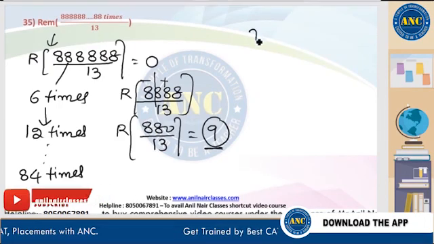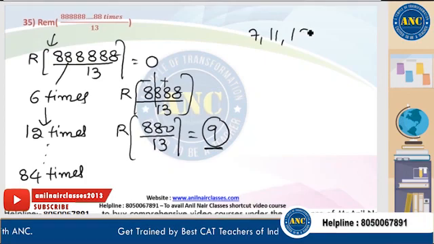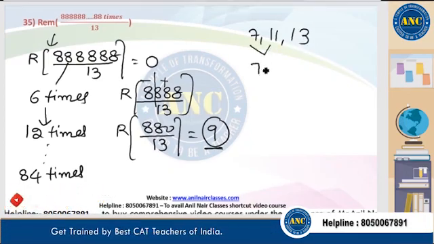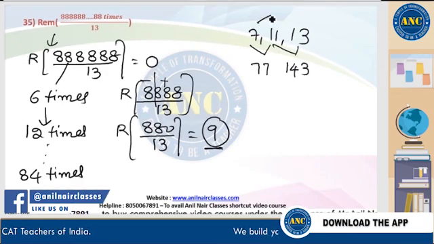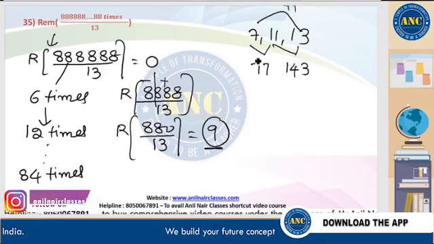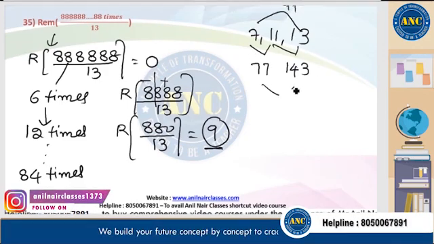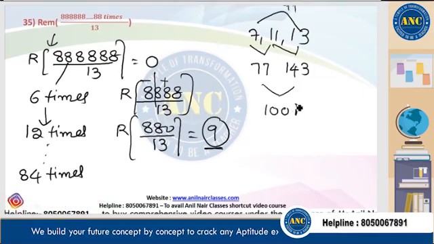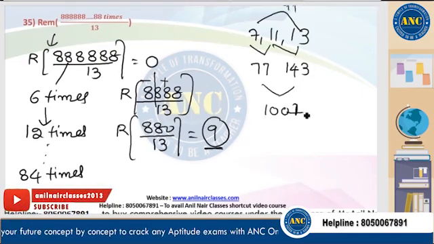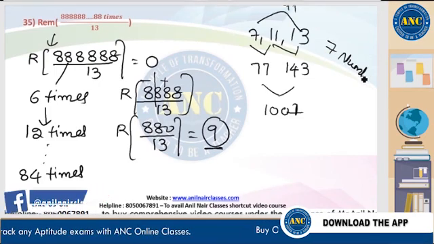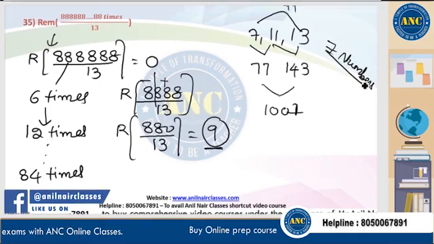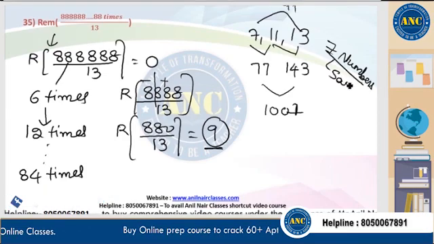The divisibility rule for 7, 11, 13 and the combination of it, 77, 143 or 91 or 1001, all divisibility rules for all these numbers are same.